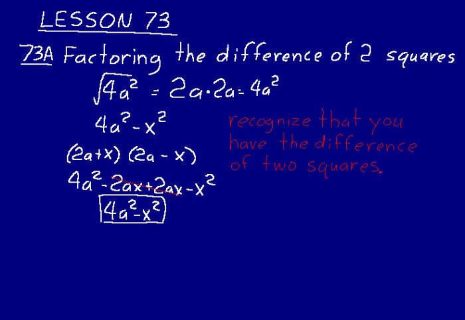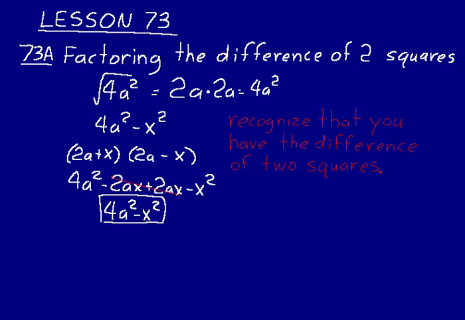So try to remember what I have on the board there. Use that to think about how to set the problem up. Recognize that you have the difference of two squares. Well, how do you recognize that? It's pretty easy. You have two terms. There's a subtraction symbol in between them because it's the difference. And both of them are squared polynomials.